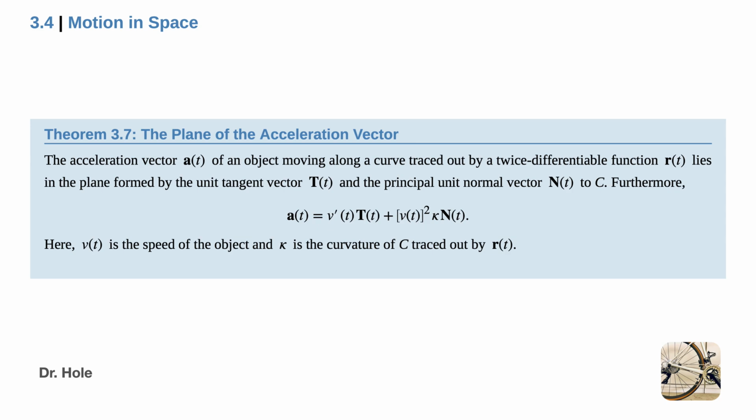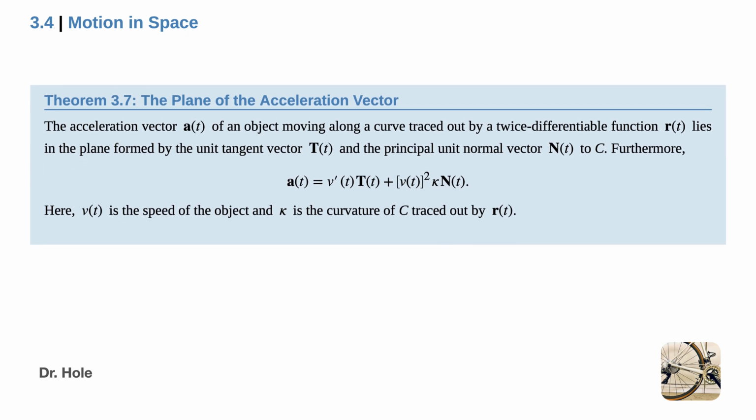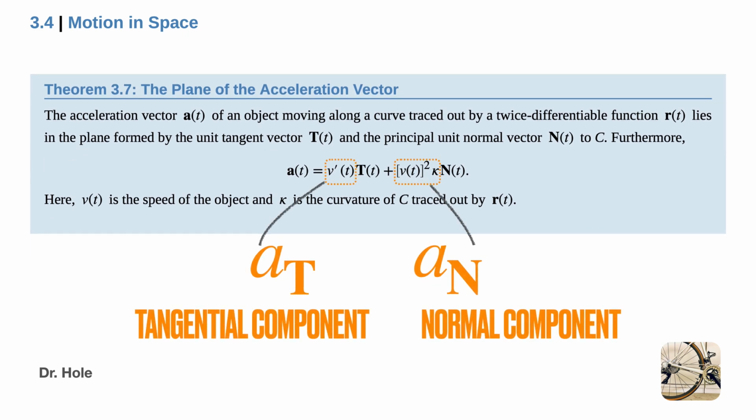All right, well, let's pause for a second here and look at what we've come upon. And recall that we were interested in these scalar components. So that v prime is the tangential component, and speed squared product with curvature is the normal component. Looks pretty complicated.